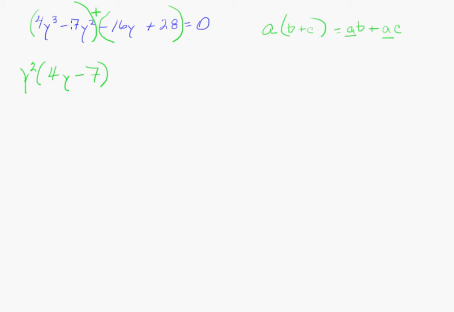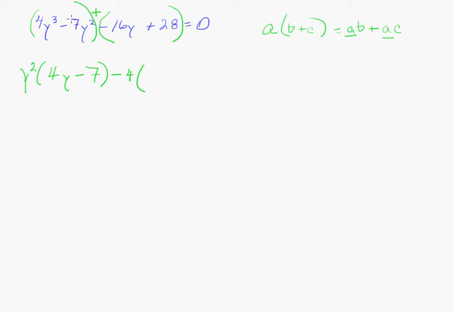So now we're going to look at the second group, and we're going to find a greatest common factor between its two terms. And negative 16y and 28 have a common factor of negative 4. I paused for a minute so you could think about it.